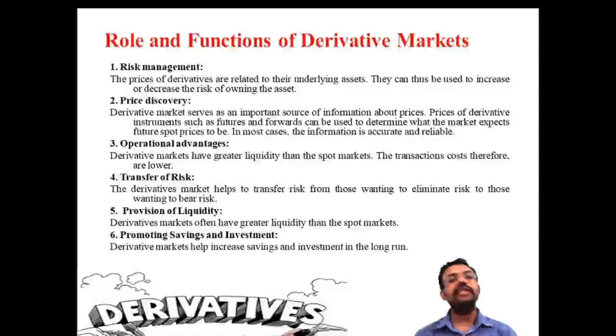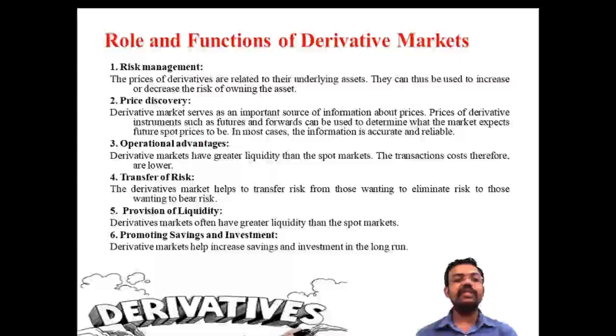And the provision of liquidity, that means being able to convert into cash. The derivative market often has greater liquidity than the spot market. There's a great support for liquidity. And the last one, promoting savings and investment.